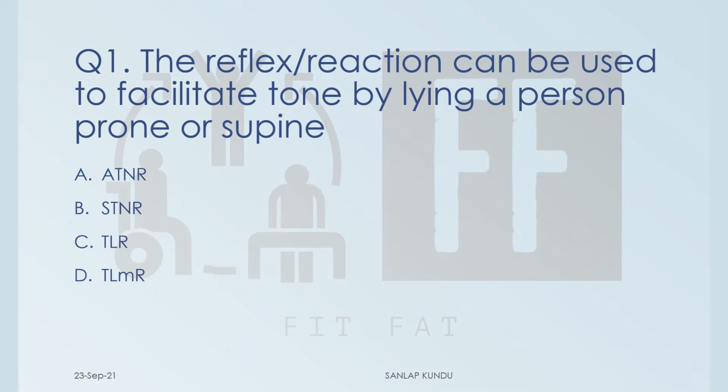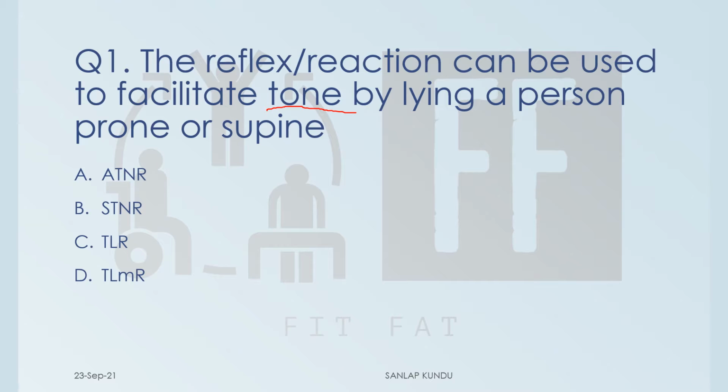Okay, so the first question is: the reflex or reaction that can be used to facilitate tone by lying a person prone or supine. So the stimulus given will be lying the person supine or prone, and the response is associated with the facilitation of tone, right? So we know that reflexes that are associated with tone are basically the brainstem reflexes, right?